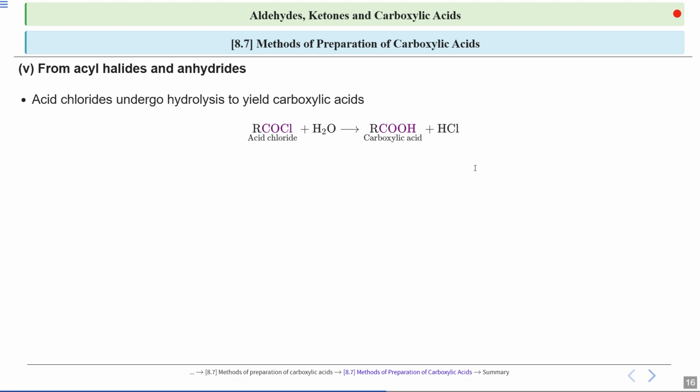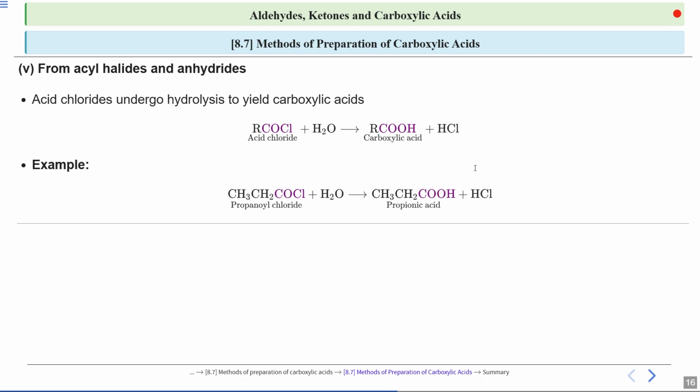Now, if you look at this particular equation, you have acid chloride, which is RCOCl, and when you react it with water, or it undergoes hydrolysis, it yields a carboxylic acid, which is RCOOH. Okay, and the byproduct of this reaction is hydrochloric acid, which is HCl.